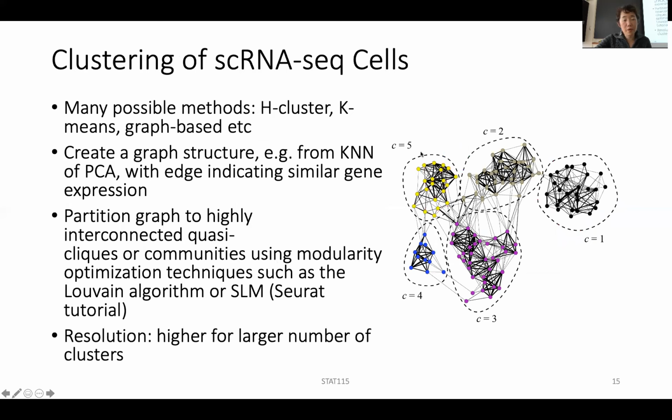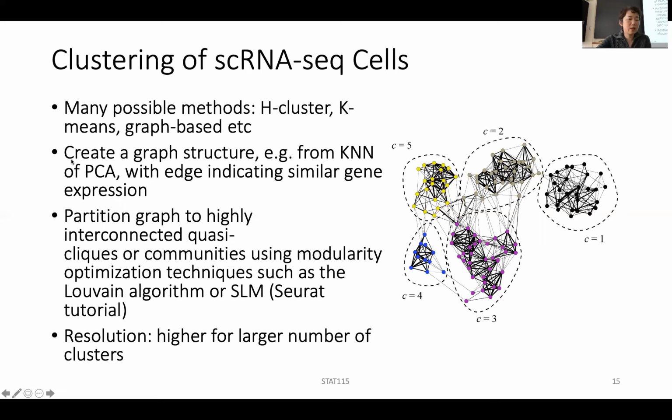And so here, you can imagine we are trying to run a clustering. Each dot has, say, a 20-number vector, right? There are many possible methods. You can do hierarchical clustering. You can do k-means. You can also use a graph-based approach. Currently, this graph-based approach is pretty popular in the single-cell world.